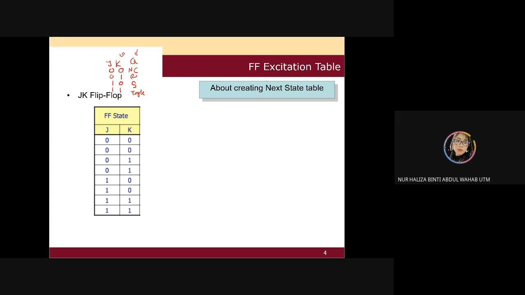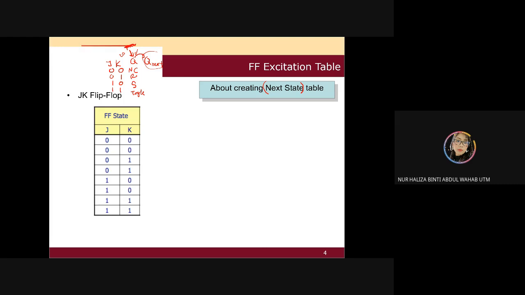But now you need to have the next step table, which means you need to have Q next. You assume this should be your previous, and this will be your next.